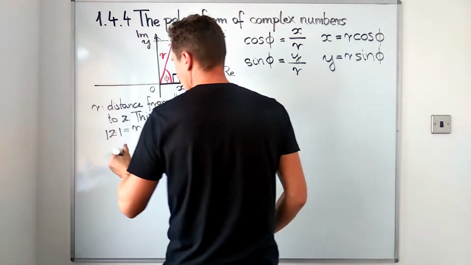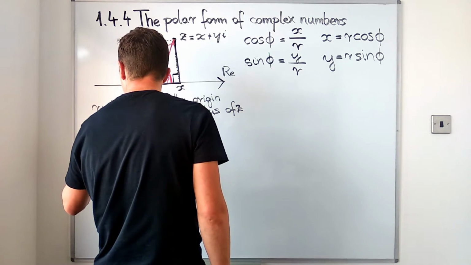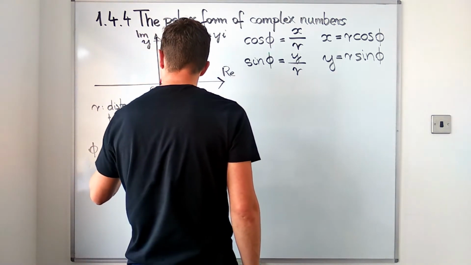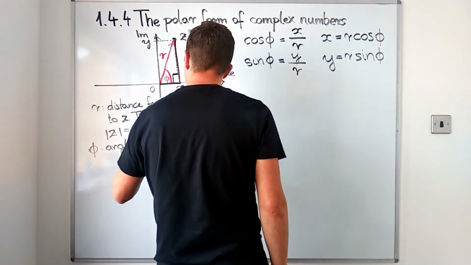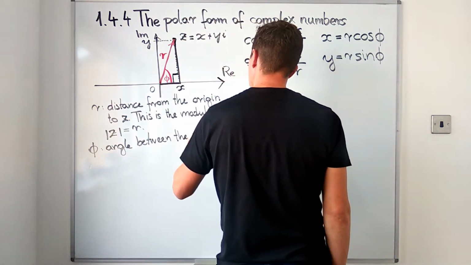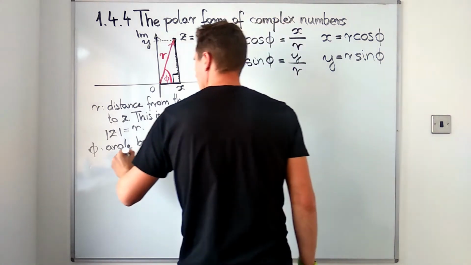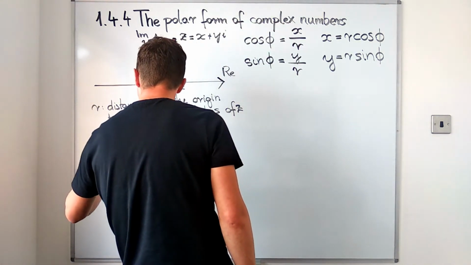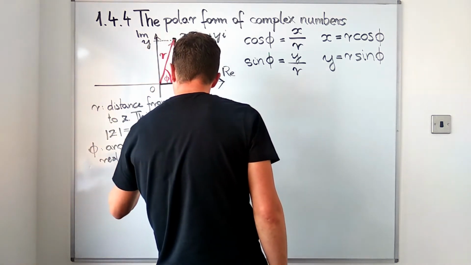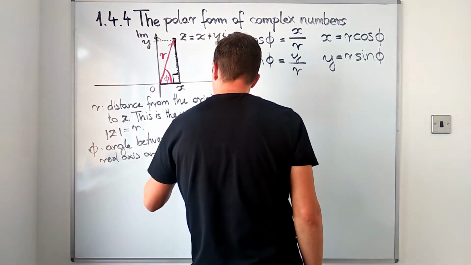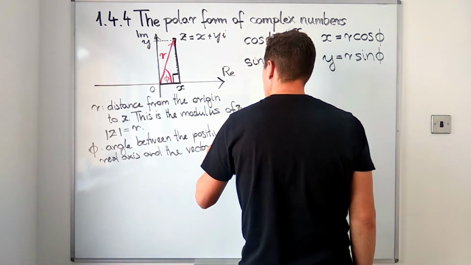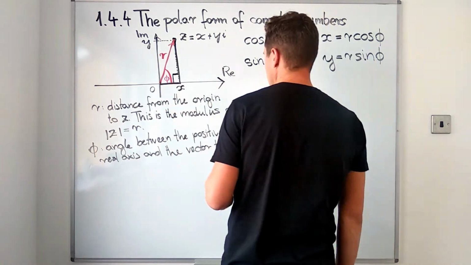For the other coordinate phi, we can say that this is the angle between the positive real axis and the vector drawn to z from the origin.